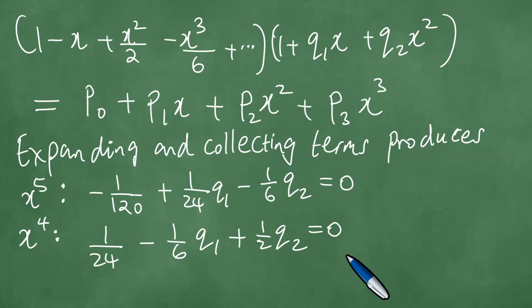So what you have here is that you have minus 1 out of 120 plus 1 out of 24 Q1, and then there is the minus 1 over 6 Q2.